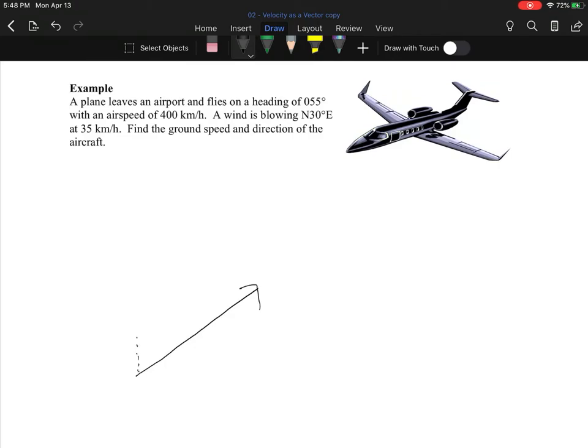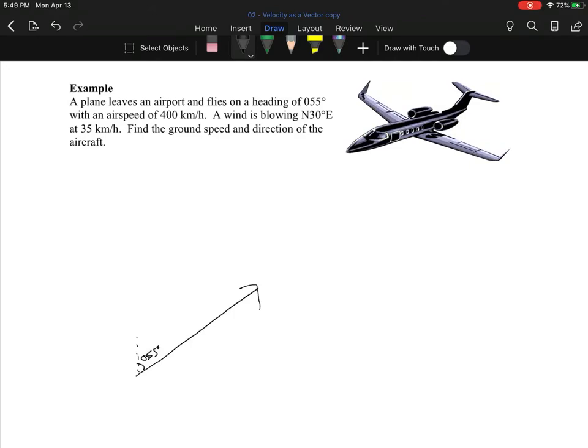Let's just do a little dotted line straight north, and all you're doing there is establishing what angle we're headed at, because my diagram's not meant to be drawn to scale, it's just meant to give me the idea here. These little dotted lines that you draw will be north, east, south, or west, just a straight line in one direction. I'm just going to put this angle in here, which is 55, and that's right in here, 55. That's the angle with north.